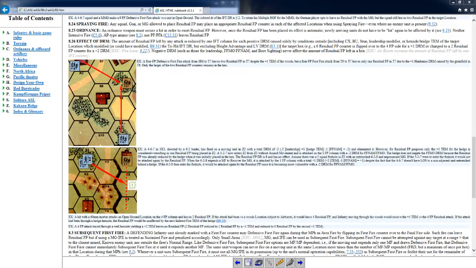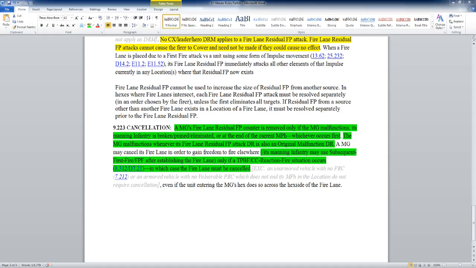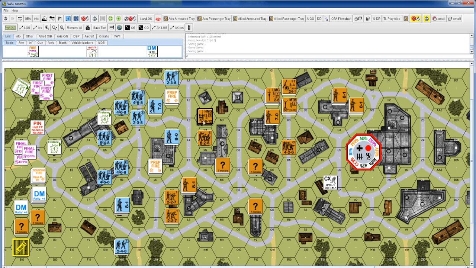But normally that squad and your machine gun are going to do nothing the rest of the turn other than blast down their fire lane and shoot at everything that moves.